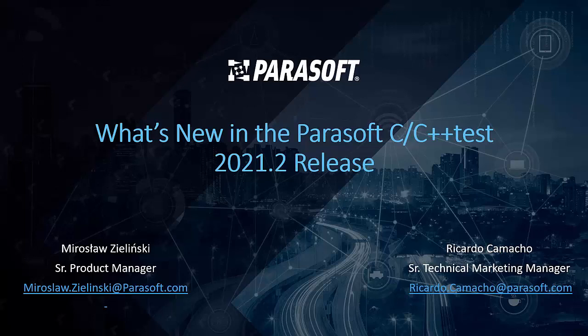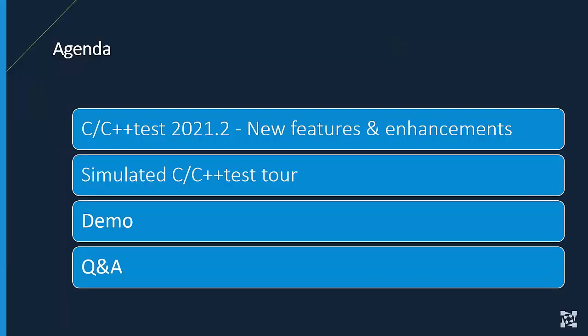So today we're going to share with you about a 30-minute presentation on our C++ test solution. So buckle in. On the agenda, we're going to cover new features and enhancements to our latest release of C++ Test, version 2021.2. We also have an educational simulated tour of C++ Test available through our website.